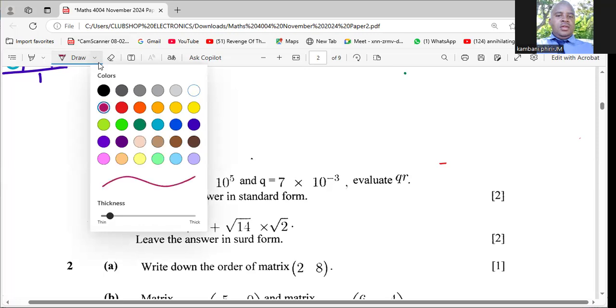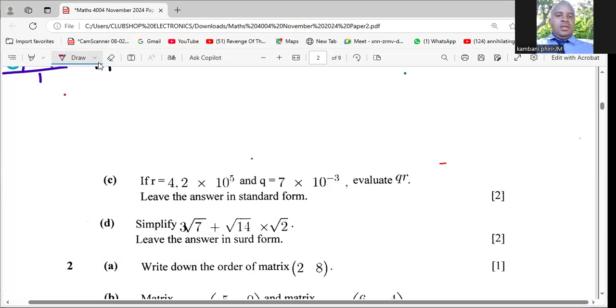So this is our C. To get QR, what is our Q? 7 times 10 to the power negative 3, times 4.2 times 10 to the power 5.